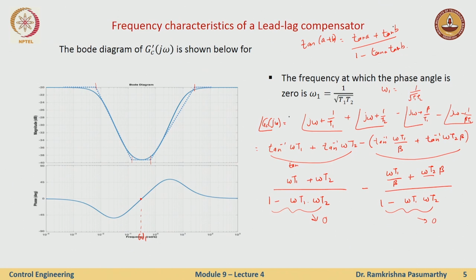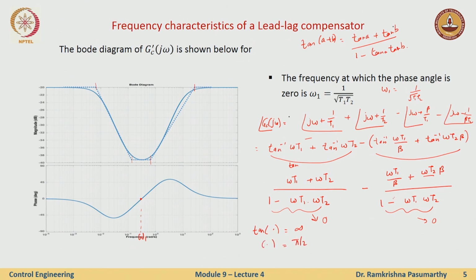So the tangent of this entire first term is infinity. If I take the inverse tan, whatever is inside has an angle of pi over 2.